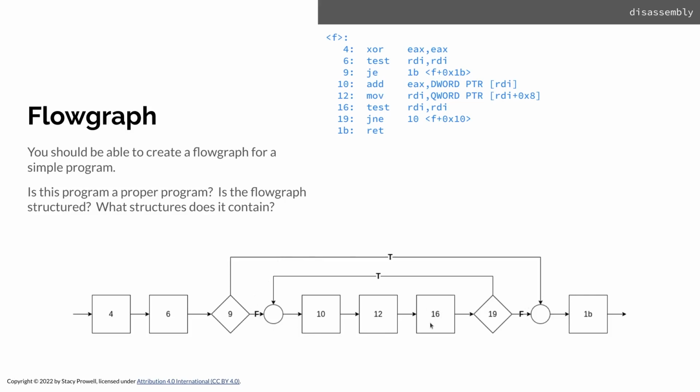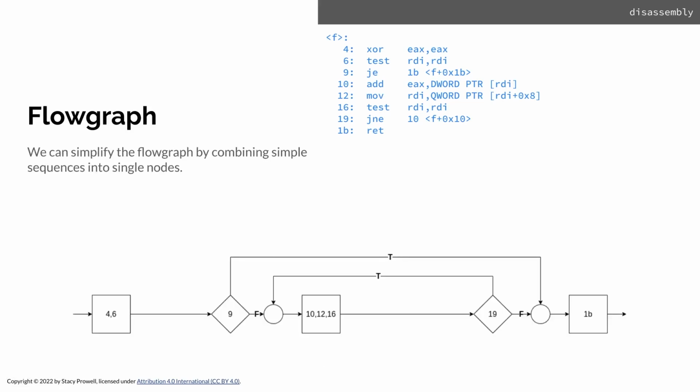Do 10, 12, 16 while 19 is true. That do while loop is buried inside the else part of an if then else, right? If 9 is true, then we go on to 1B, else we do that loop and then go on to 1B. And then the entire thing is embedded in a larger sequence. So it's a structured program as well.